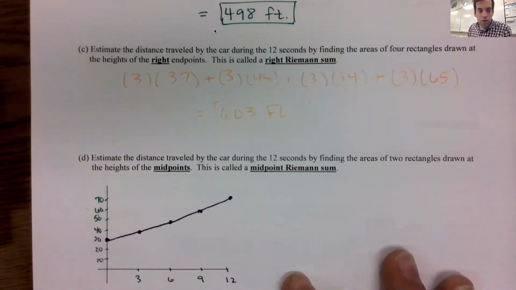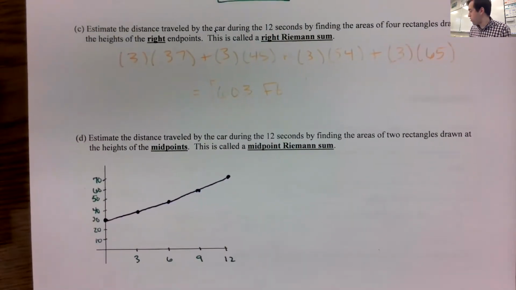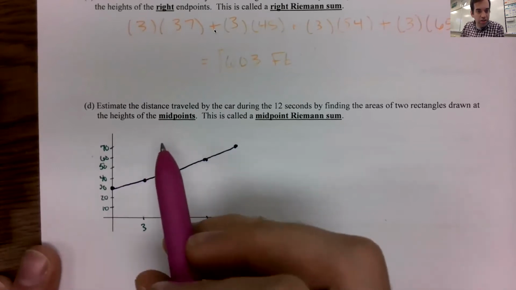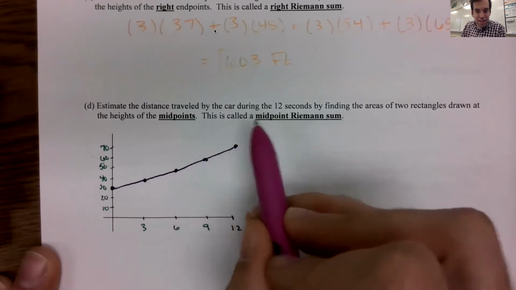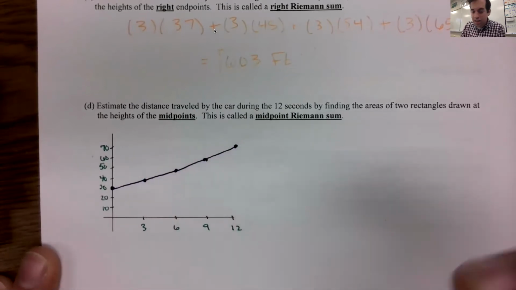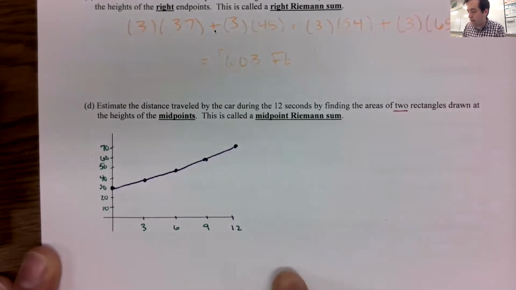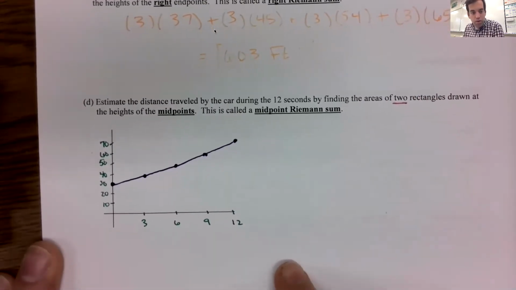Okay, so now we're going to do one more time using a midpoint Riemann sum. And I'm going to go back to green, I think. I'm running out of colors. Actually, let's use this, it's like a magenta or something. So we're going to estimate the distance with 2 rectangles drawn at the heights of the midpoints.